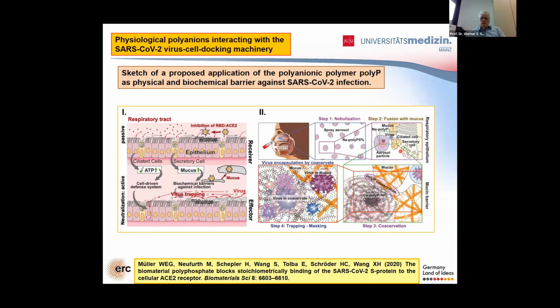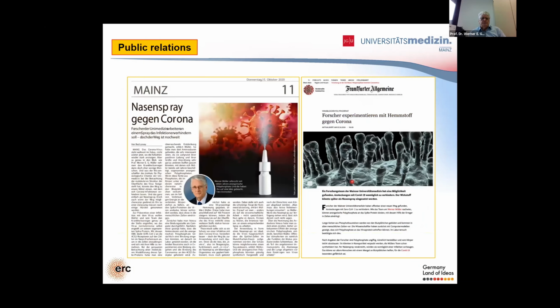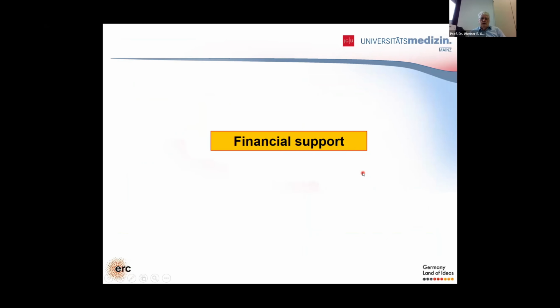So we have now a very good hope that we can, with polyphosphate, start also to formulate a drug which is going to help these kind of strong pandemics. With nose spray, which the people in different large journals in Germany highlight.